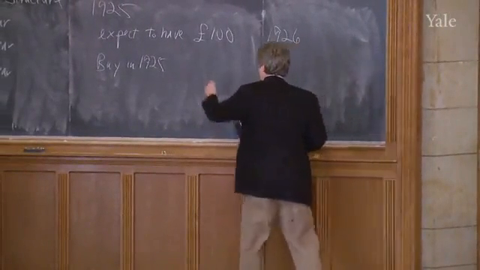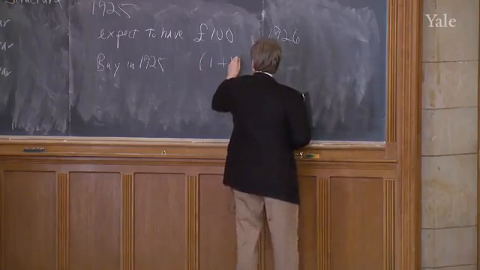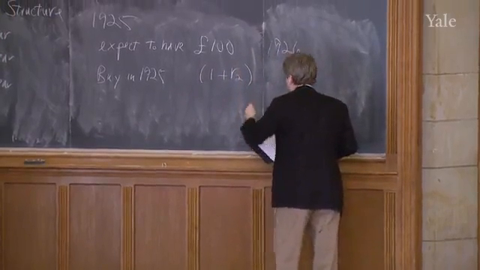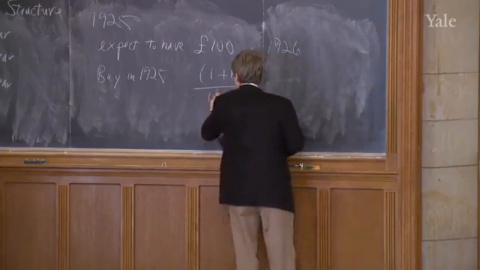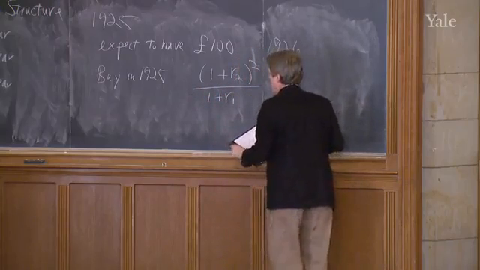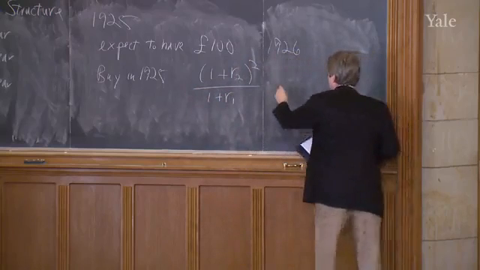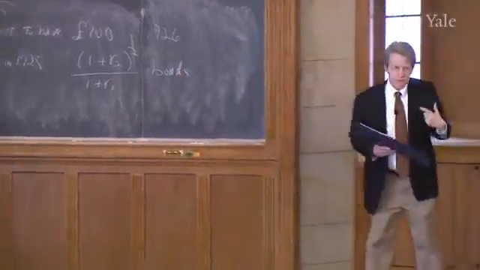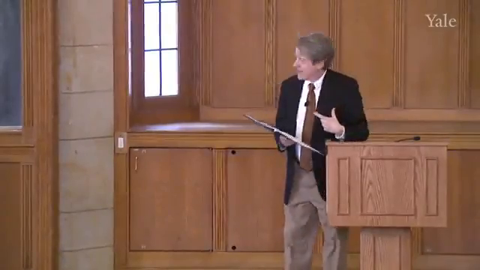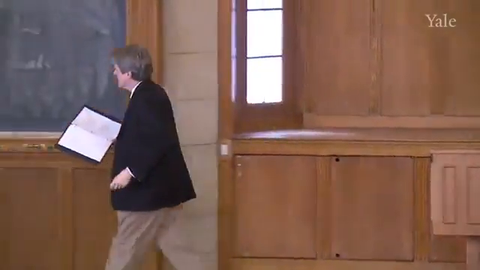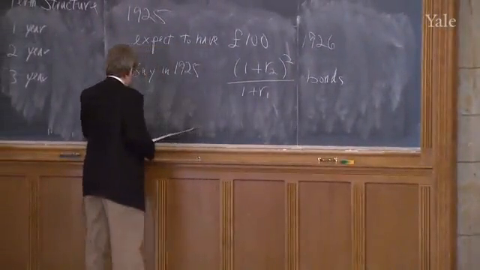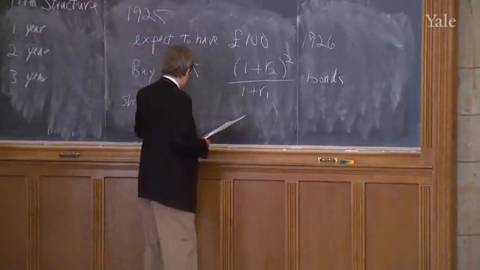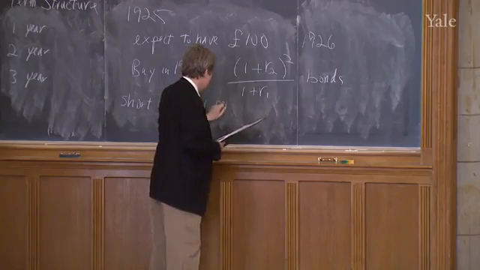You've got to buy (1 plus R sub 2, which is the 2-year yield) squared, all over 1 plus R1, discount bonds. They'll mature in 2 years, okay? And then I have to short in 1925 one period bond.